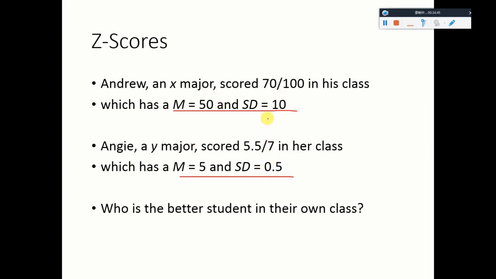But what if we can convert these two scores, for example, the 70 score, to the number of standard deviations from the mean? That is, we're converting this score to a distance.